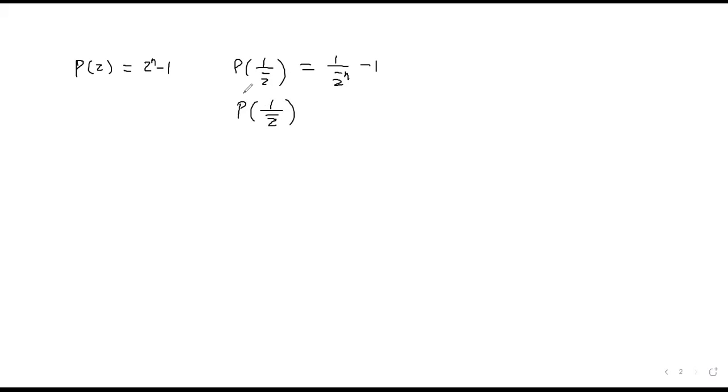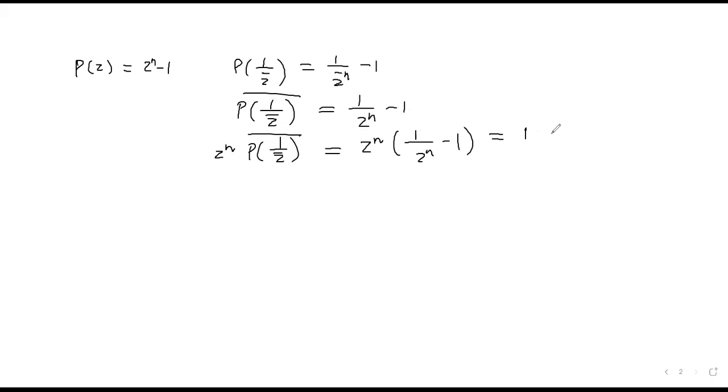This would be 1 by z raised power n minus 1. And if you multiply by z raised power n, you will get z raised to power n into 1 by z raised power n minus 1.